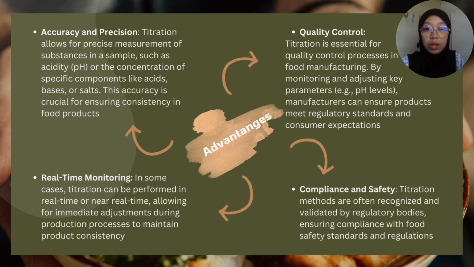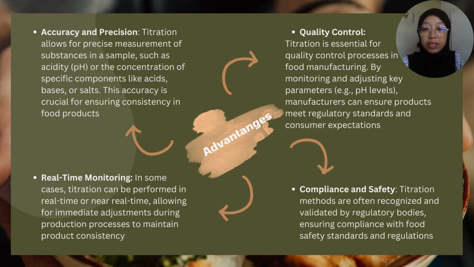Second is quality control. Titration is essential for quality control processes in food manufacturing, by monitoring and adjusting key parameters, for example, pH levels. Manufacturers can ensure products meet regulatory standards and consumer expectations. Next is real-time monitoring.